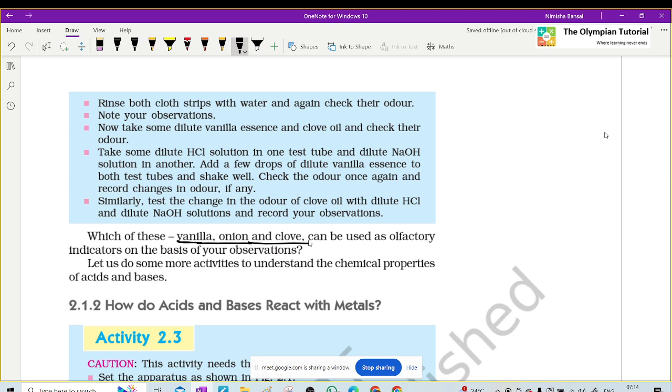Okay, so first one, write down. For onion, it loses its smell when added with base.